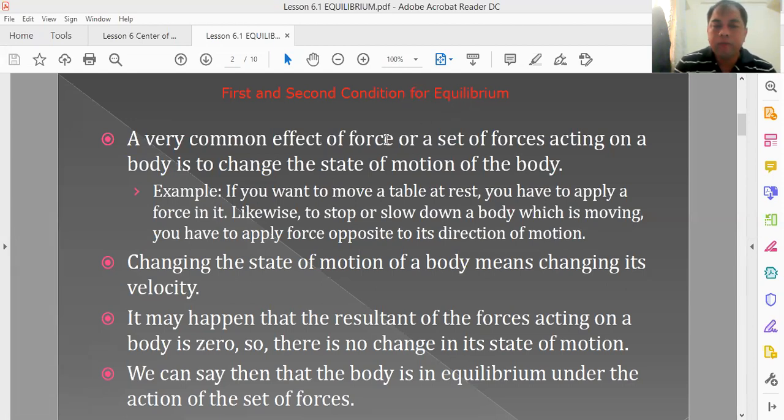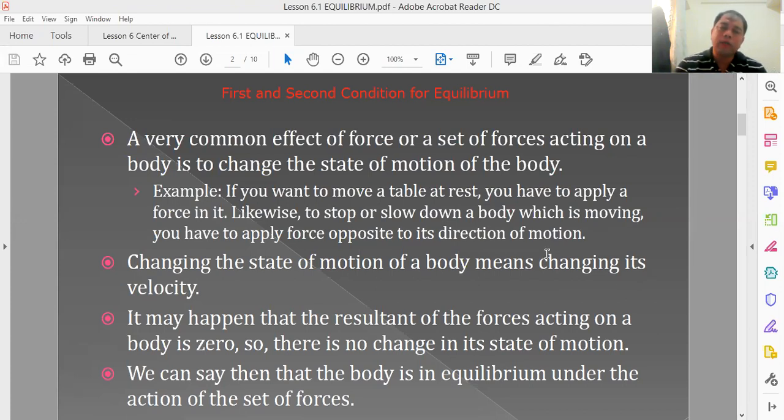A very common effect of a force or a set of forces acting on a body is to change the state of motion of the body. From rest, for example, to a moving condition, that is not equilibrium. You change its state. Changing the state of motion of a body means changing its velocity. It may happen that the resultant of the forces acting on a body is zero, so there is no change in its state of motion.